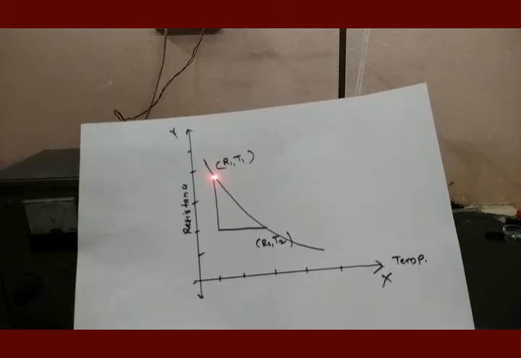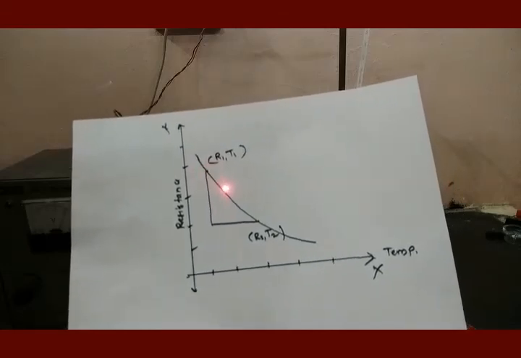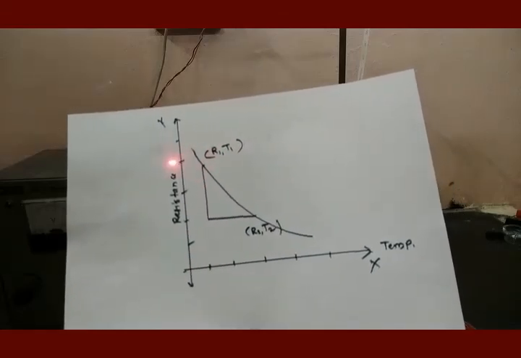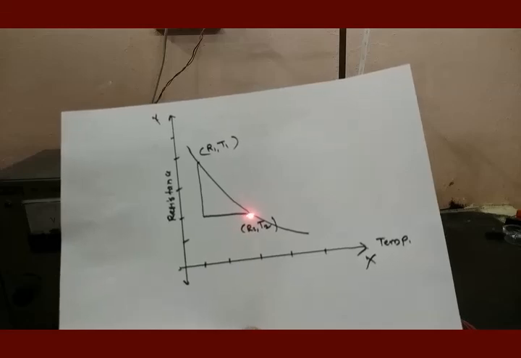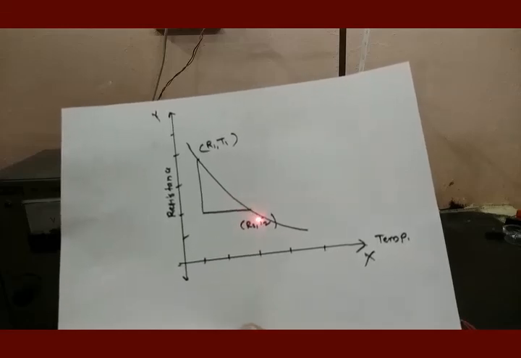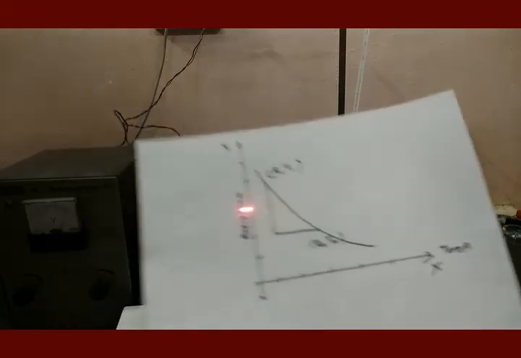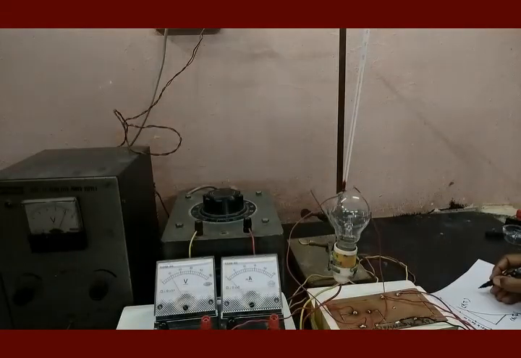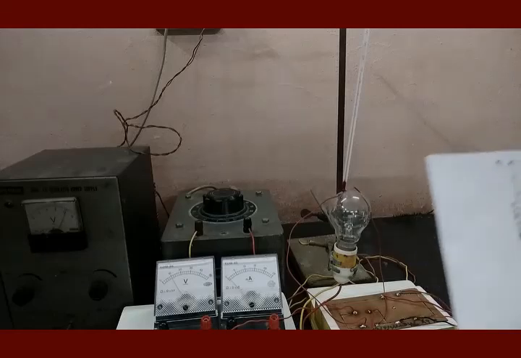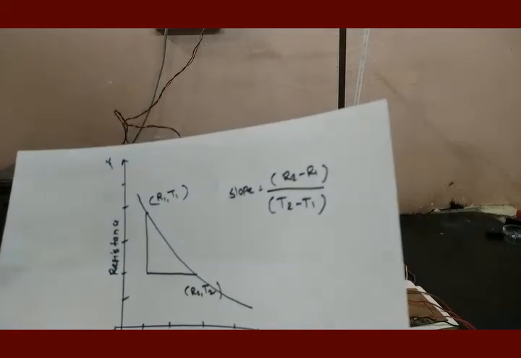One point is selected here, this point corresponding to temperature T1, resistance R1. Second point selected here, this point corresponds to temperature T2, resistance R2. And if you find this, the slope will be R2 minus R1 divided by T2 minus T1. This is the slope of the first graph.